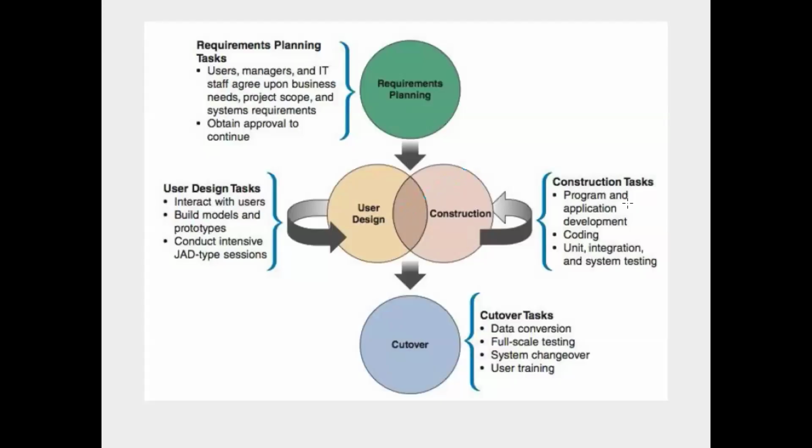Right, these are the 4 stages that we discussed earlier for rapid application development. What you notice is the first stage will be the requirements planning task. Usually the users, managers, and IT staff have a discussion on business needs, project scope, and system requirements.